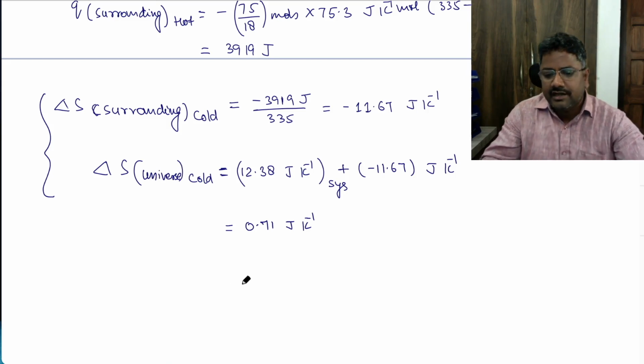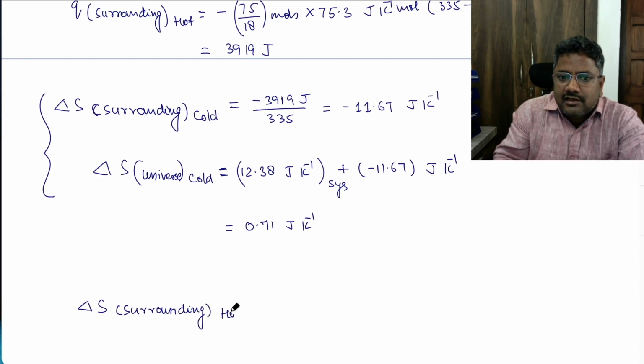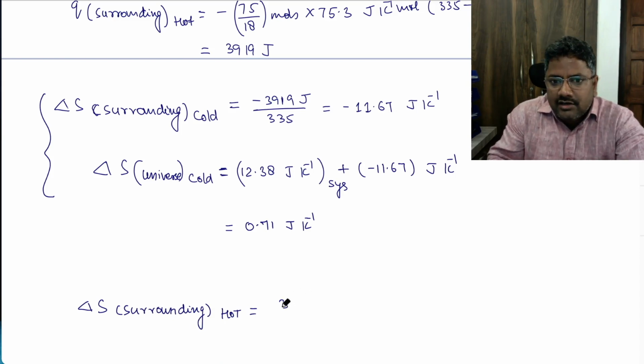Similarly, we can calculate for the hot. So delta S surrounding for hot is equal to 3919 divided by 335.